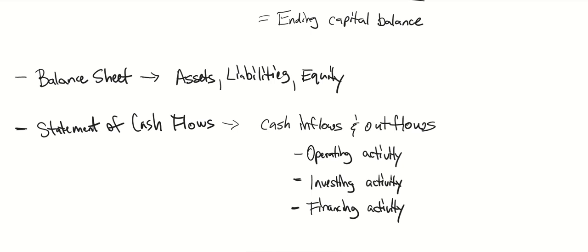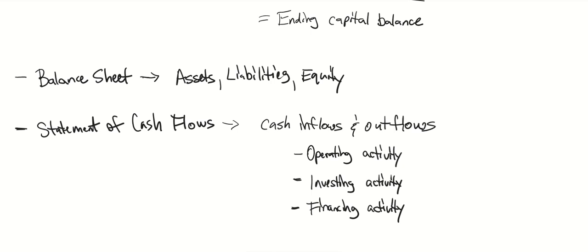Okay, so let me see another example. If you took out a loan to fund the business, that's going to be underneath the financing activity section, because when you take out that loan, you're receiving cash for taking out a loan. So that cash will go into the statement of cash flows underneath financing activity.